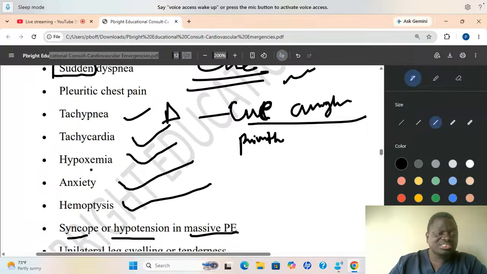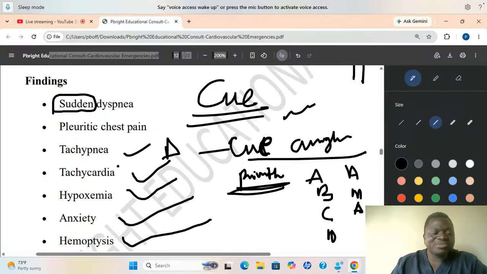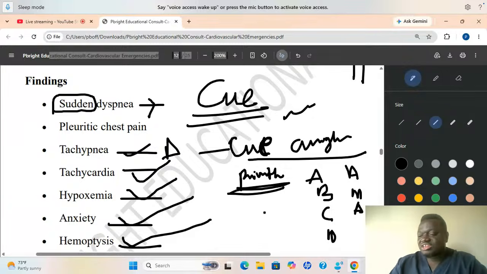A patient will come with plenty of signs and symptoms, and you should be able to analyze them and know your diagnosis. Then which one will you treat first? Prioritize your hypothesis. If a patient comes with coughing out blood, anxiety, hypoxemia, tachycardia, tachypnea, sudden dyspnea, saturation dropping, which one will I treat first? That is prioritization.